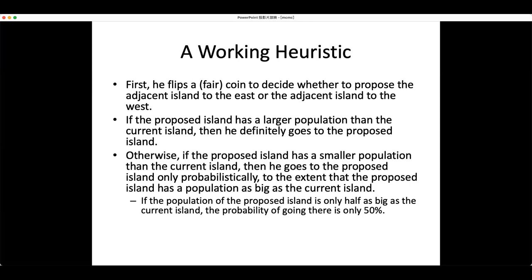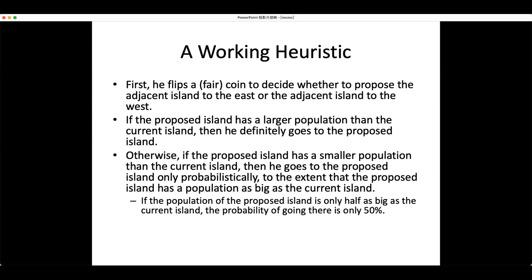However, if the proposed island has a smaller population than the current island, then this politician goes to that proposed island only probabilistically. What do we mean by probabilistically?